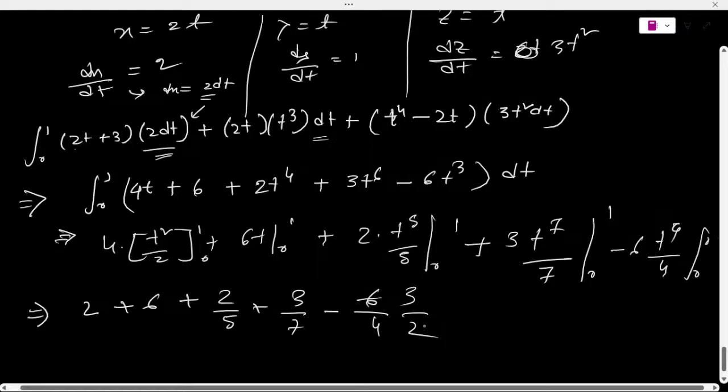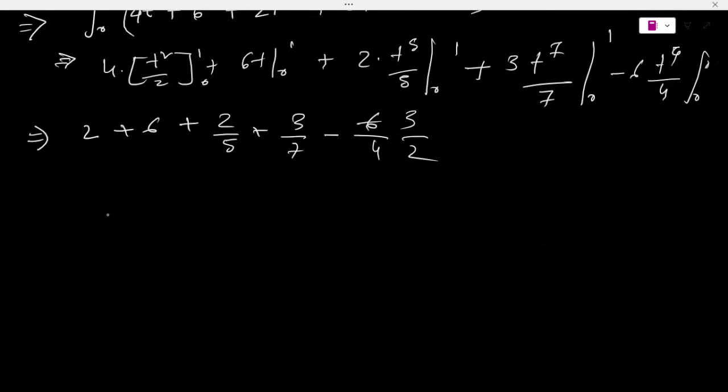So the ultimate fraction will be 2 plus 6 plus 2 by 5 plus 3 by 7 minus 3 by 2.